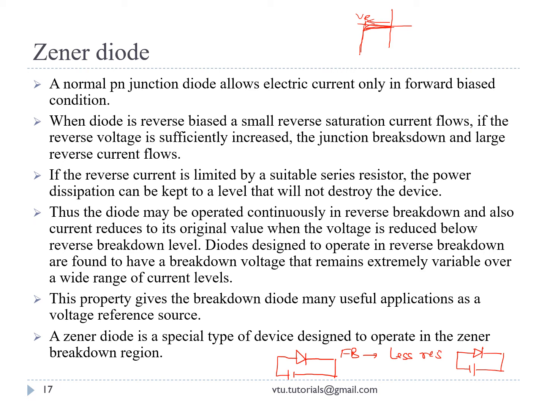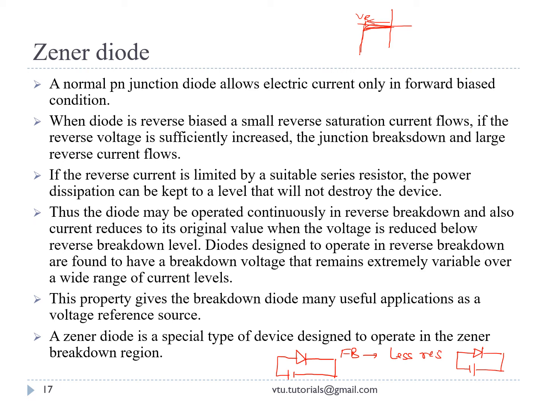This says that the breakdown voltage VR can be maintained constant by maintaining a limited value of reverse breakdown current. Okay, so this is a Zener diode, designed to be operated in the reverse breakdown region.